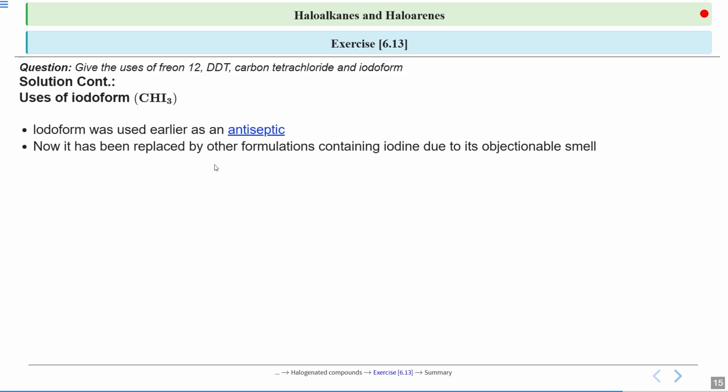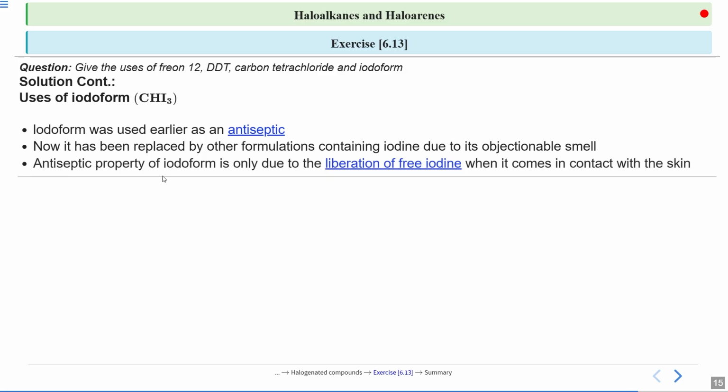It has an uncomfortable smell, due to which it has been replaced by other iodine-containing compounds.